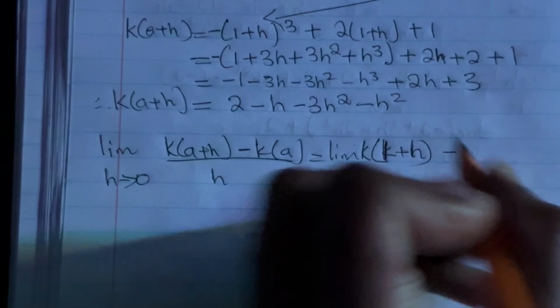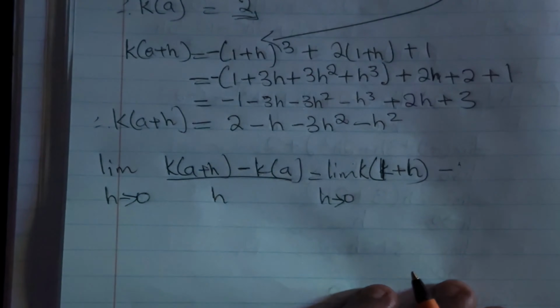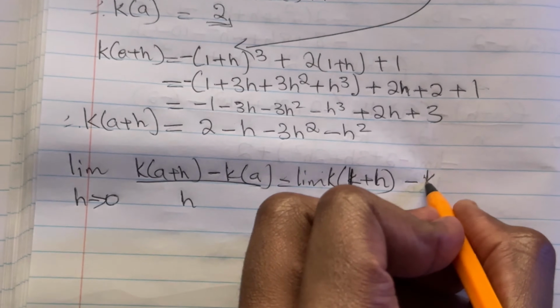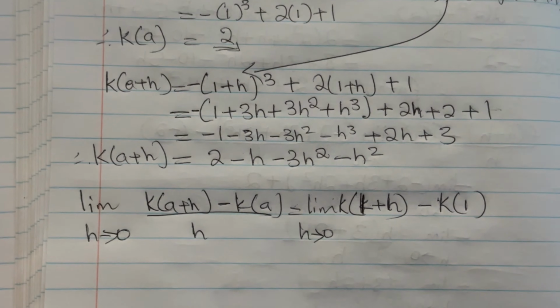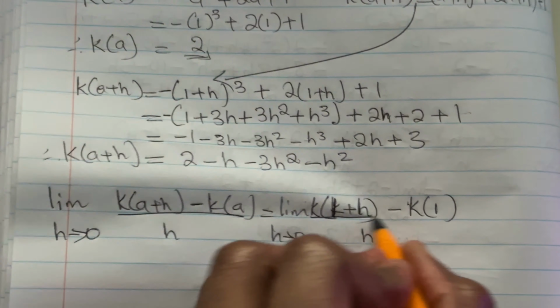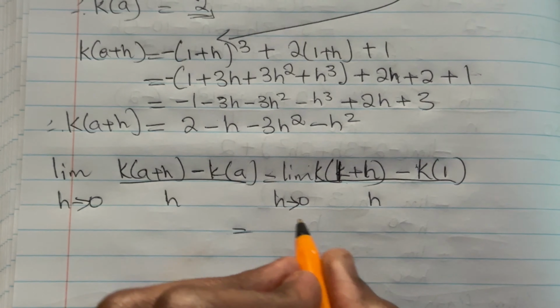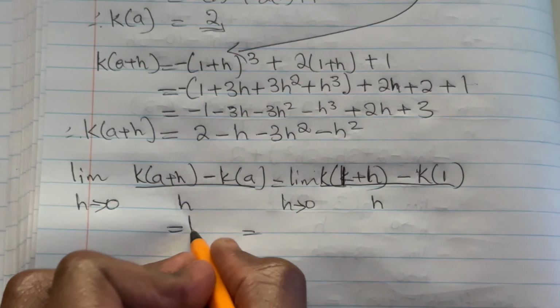This has to be 1 plus h. I nearly missed that one. Sorry about that. Minus k at 1, divided by h. Then let's just substitute what we have from this equation.